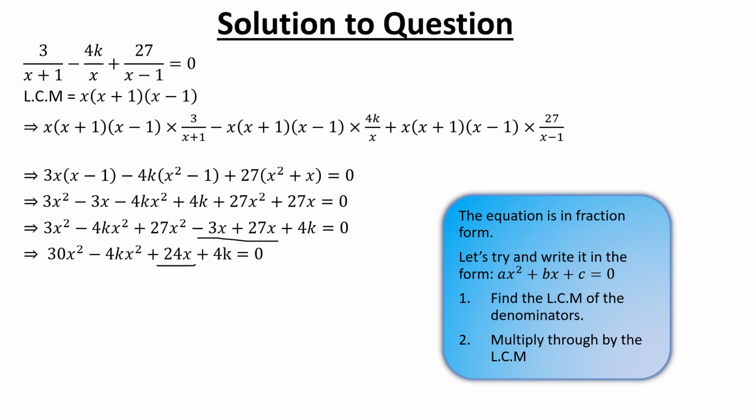Okay, so let's rearrange it in a form where we can easily identify our A, B, and C. These ones both have x squared, so we just factorize and bring x squared out and the rest are inside, as we can see here.